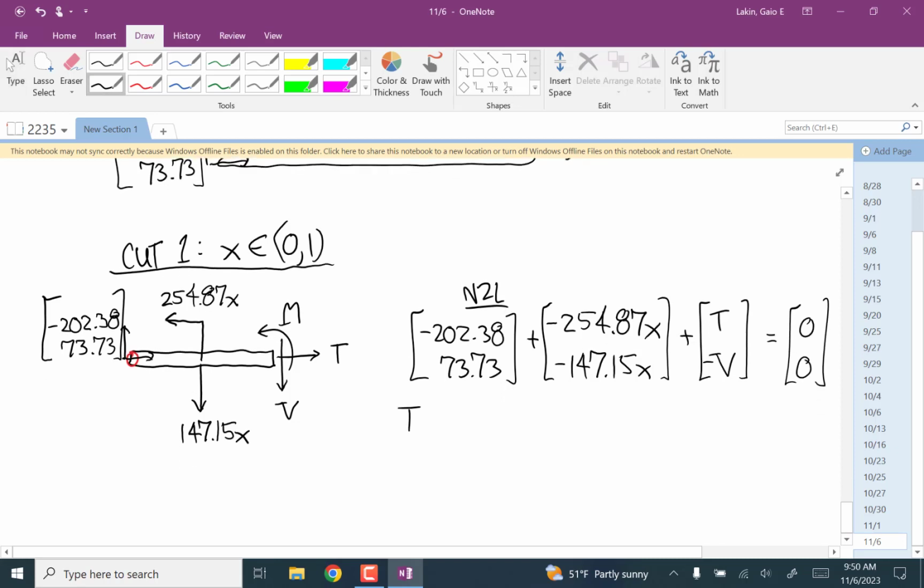And so t is equal to positive 254.87x plus 202.38. And v is equal to positive 147.15x minus 73.73.